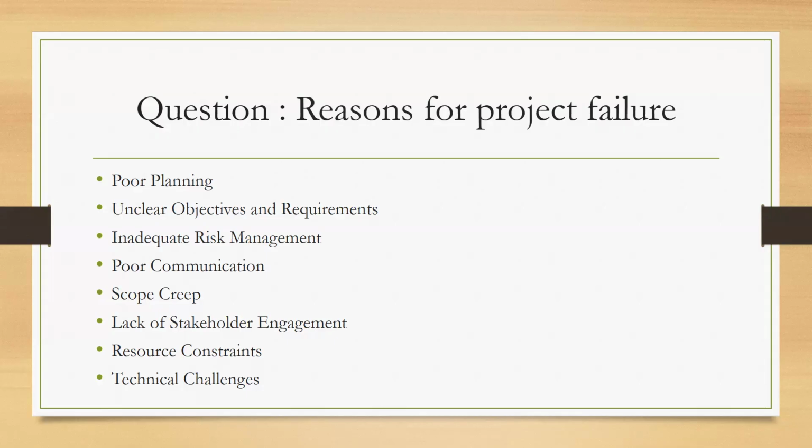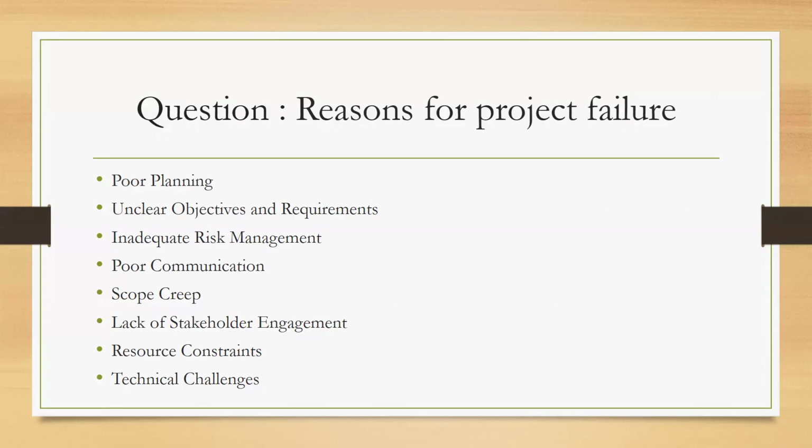Also, if the client has not given correct requirements, that can be one possible reason. If the requirements are not given properly, then we cannot represent them correctly to the developer, the developer will face issues, and totally it will be chaos. Another reason is inadequate risk management.